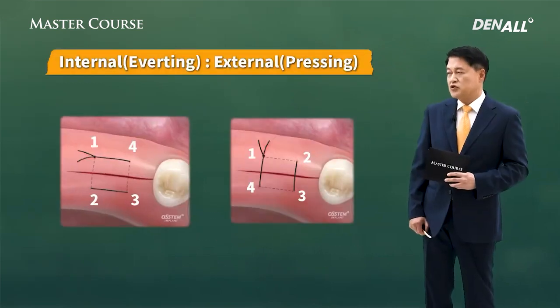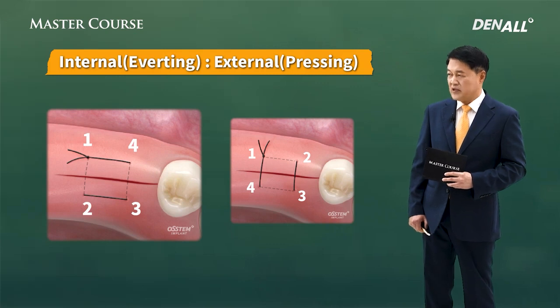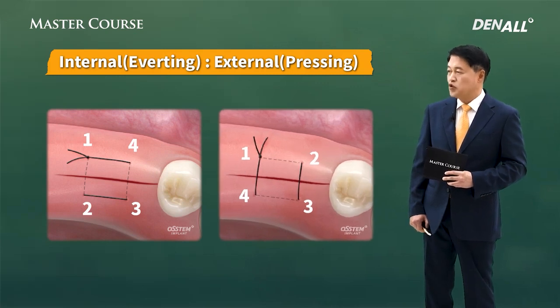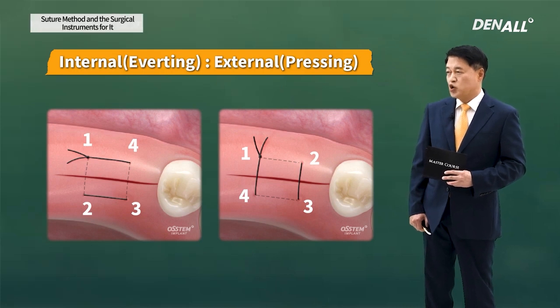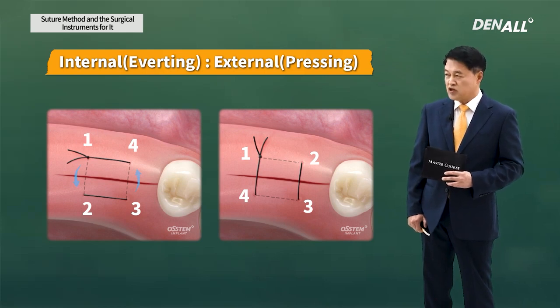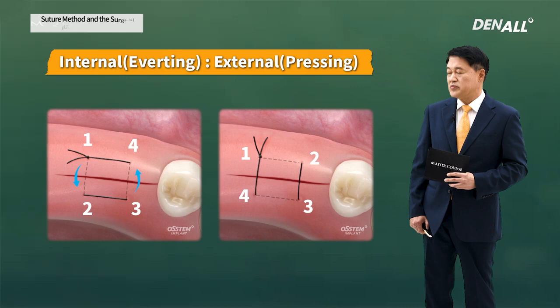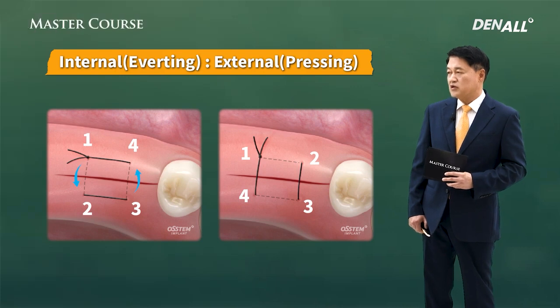On the left, internal horizontal mattress suture, and on the right, you have horizontal external mattress suture. So how are the two different? In internal mattress suture, the silk that goes through the incision line goes to the bottom part, so buccal to lingual to the buccal. When it goes, the silk goes to the bottom, so the flap is everted.